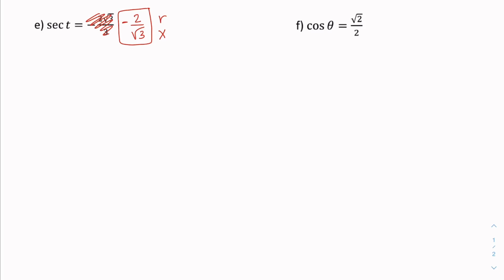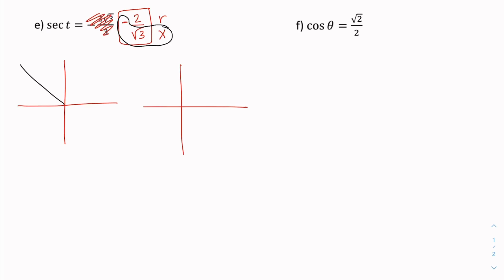So let's figure out what quadrants work. Well, that negative has to be with the bottom because r is always positive. So that means the x has to be negative, and x's are negative on the left side. Here and here. These are the two quadrants that work. Labeling, my x is negative radical 3, and the r is positive 2.